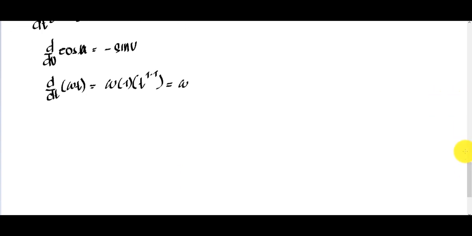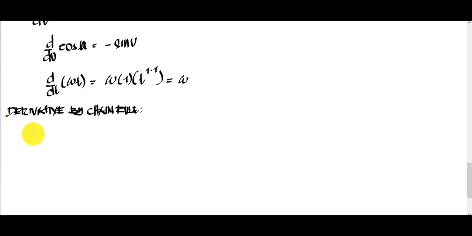So by the chain rule, we have the second derivative, the function of time of the velocity. So we have a times the angular velocity, multiplied by the derivative of x, the function of time.